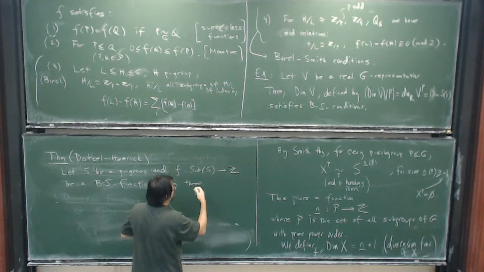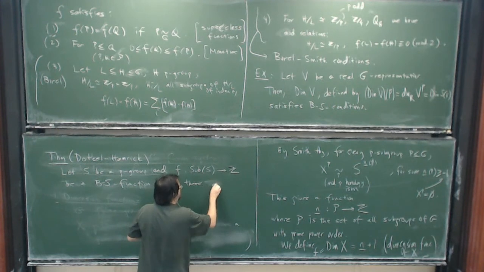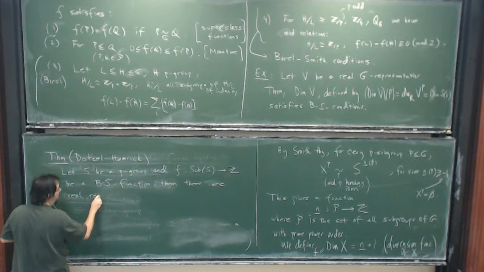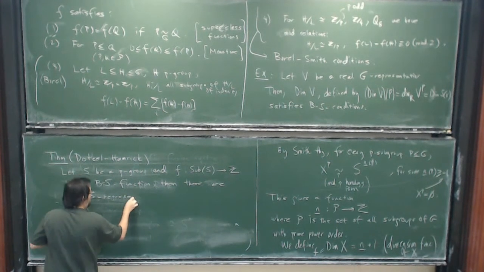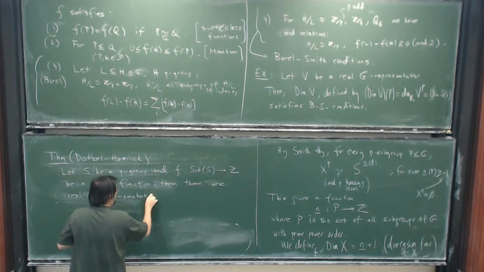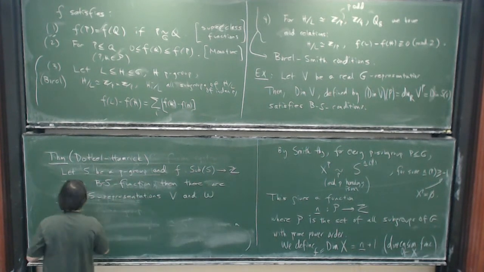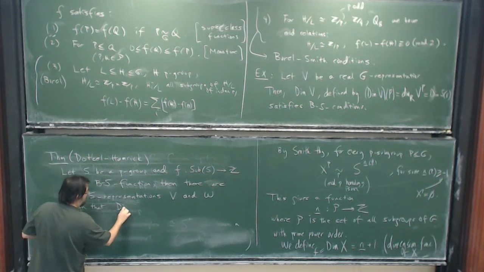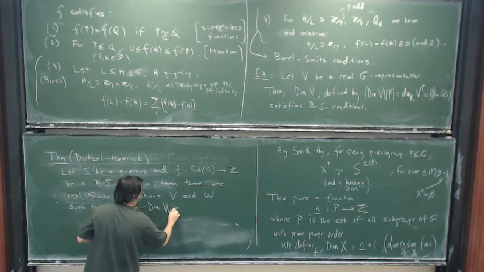When it's F, then you can only do it virtually. There are real S representations, V and W, such that the dimension function is F.